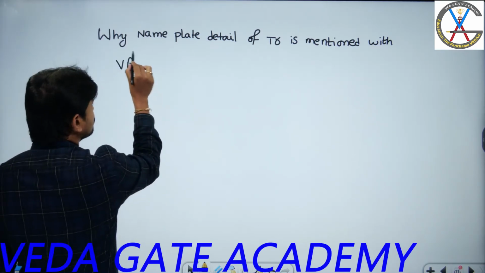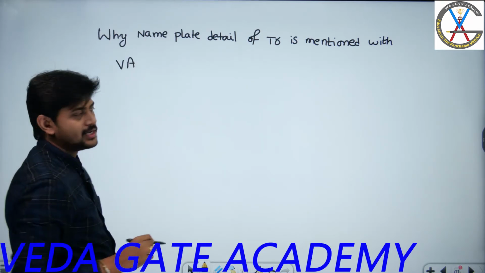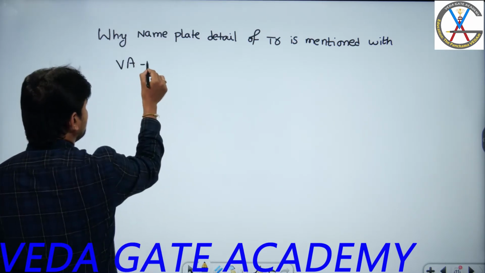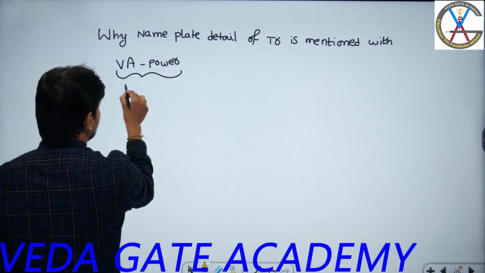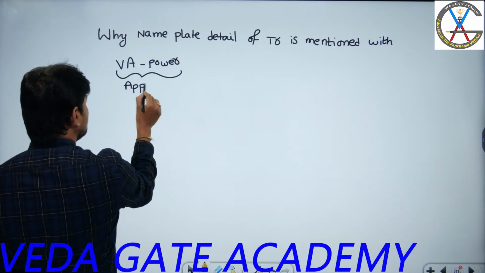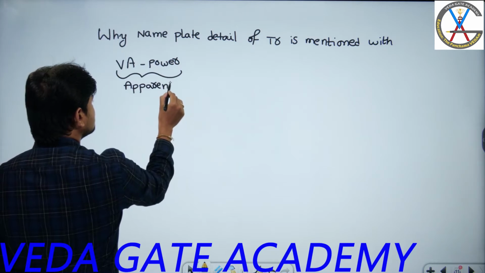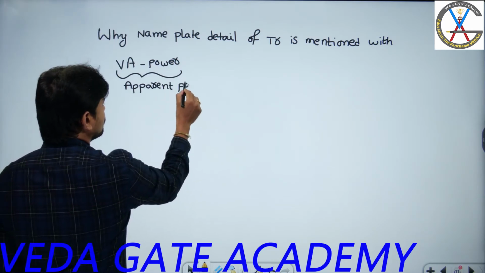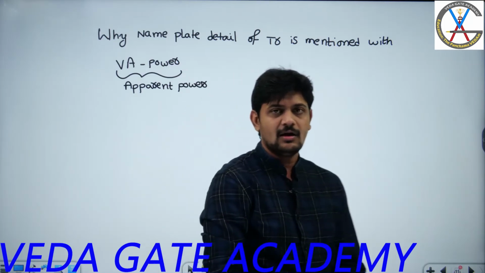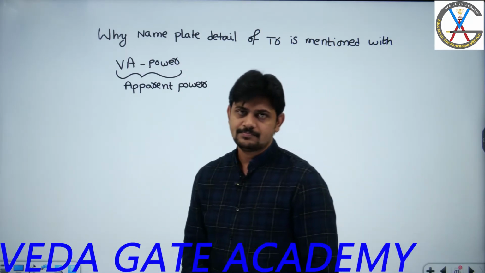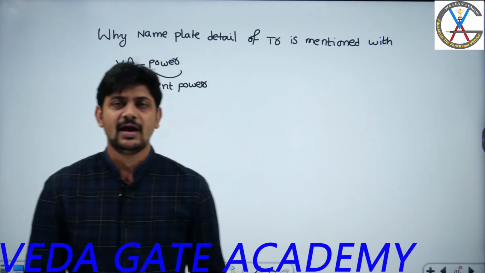Volt ampere power is nothing but apparent power. So why do they always mention the power rating as apparent power on the nameplate? Why can't we mention the power rating as active power? Why are we not mentioning active power?